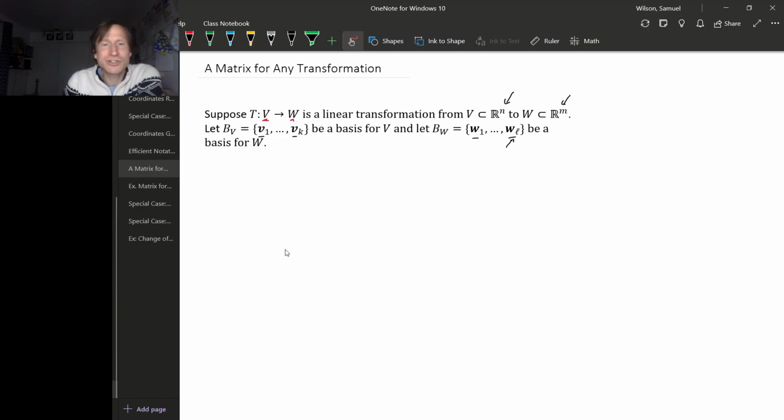So instead, it should probably be the Euclidean spaces that the coordinate transform relative to the basis sends V to, so that's going to be RK, and also W, and that's going to be RL.